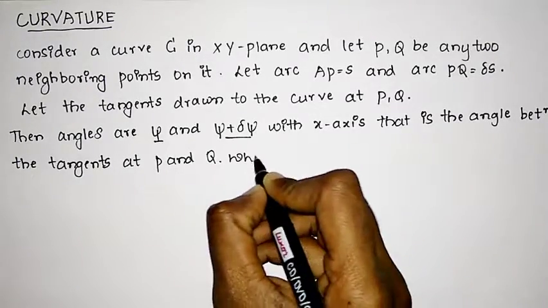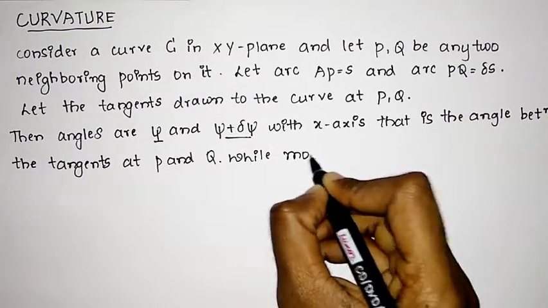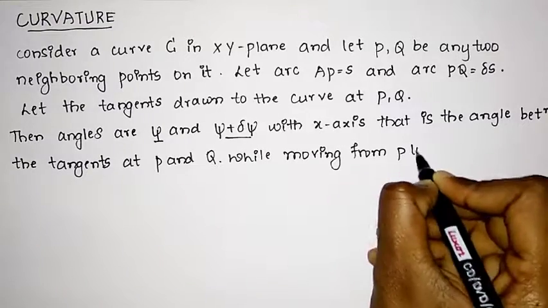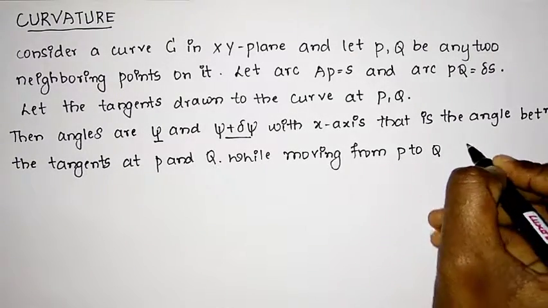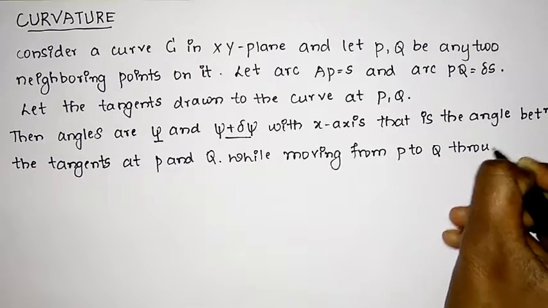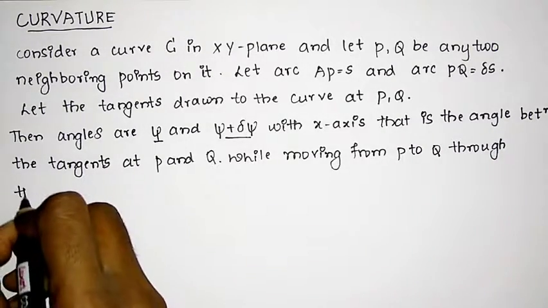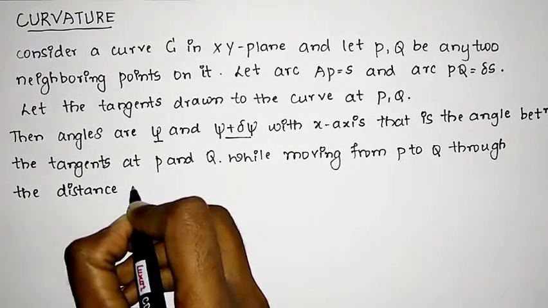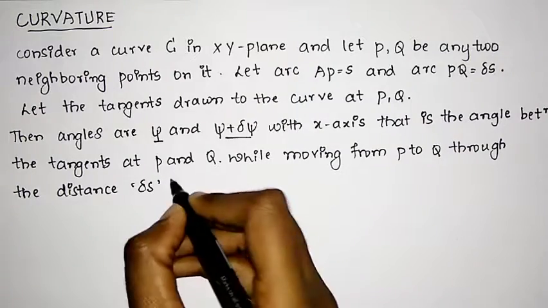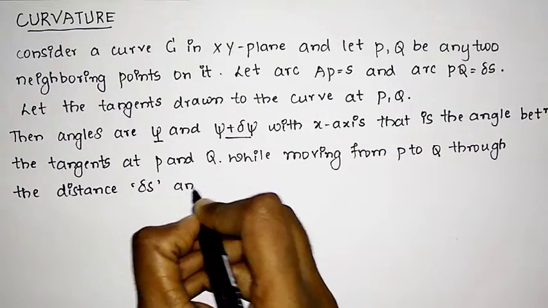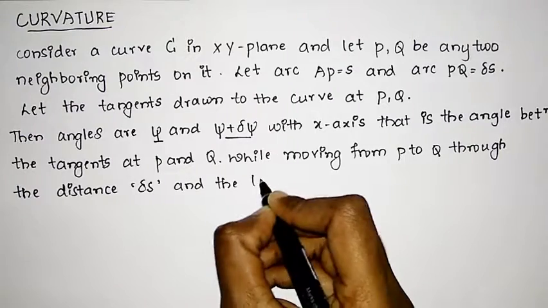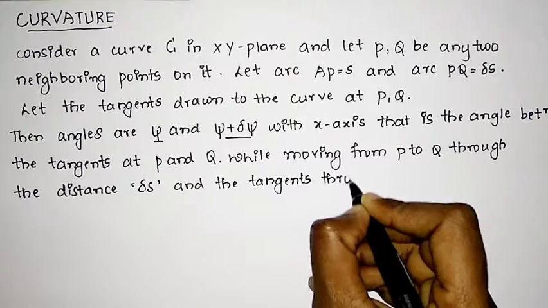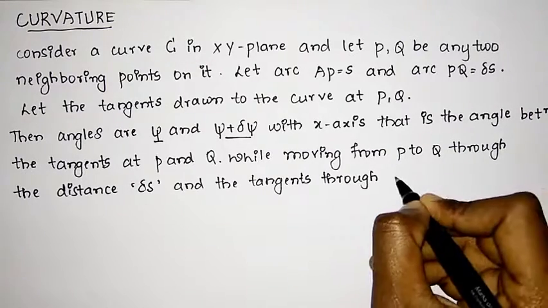Then while moving from P to Q, through the distance delta S, the tangent turns through delta phi.